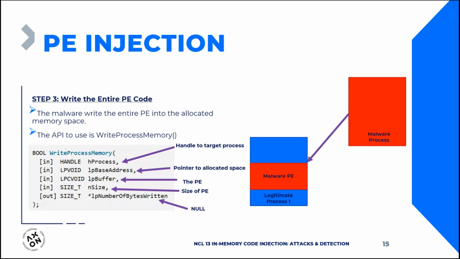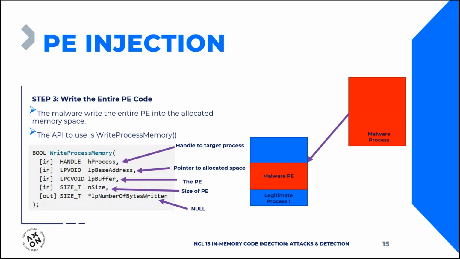I give it a handle to the target process, a pointer to the allocated space that I received from VirtualAlloc, and the actual buffer to write, which is going to be the entire PE code, and the size of that PE code. And as you can see on the graph, I have now injected my PE inside legitimate process 1.